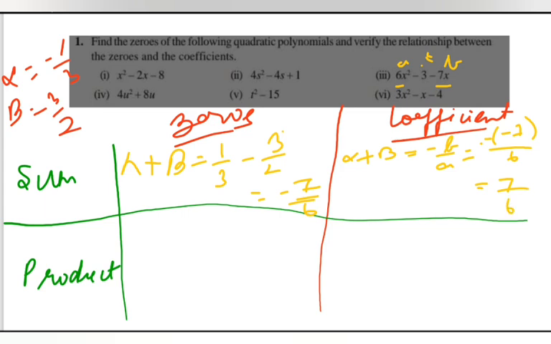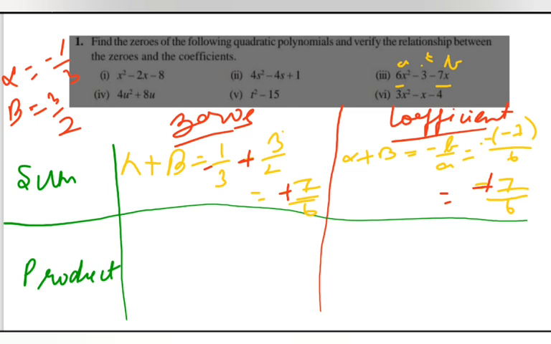Wait for a second. Sorry, this is plus 3 by 2 and this is minus, so the sum will be plus. So the sum is satisfied.